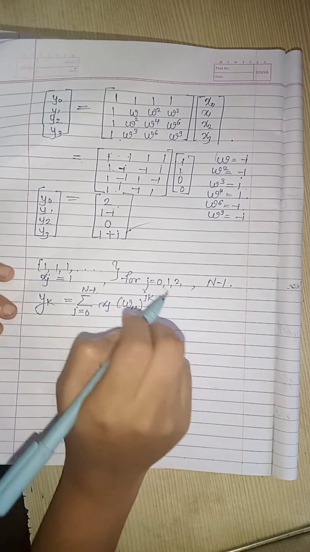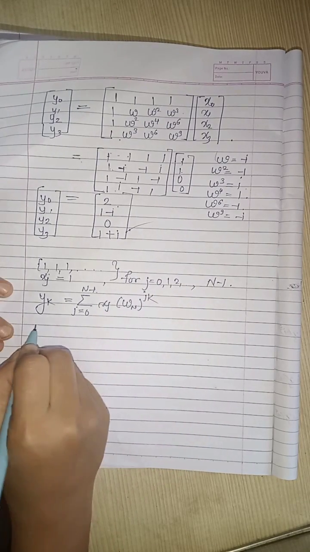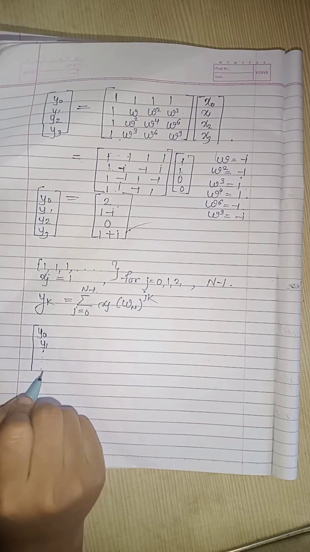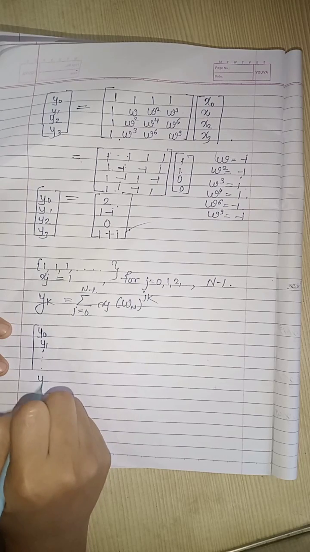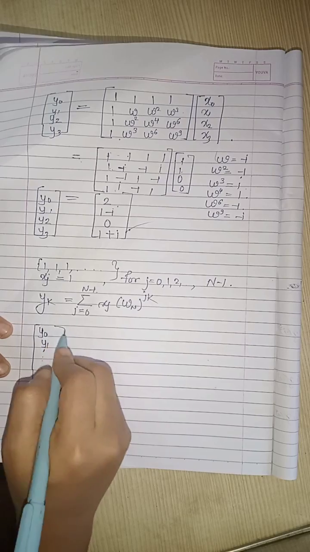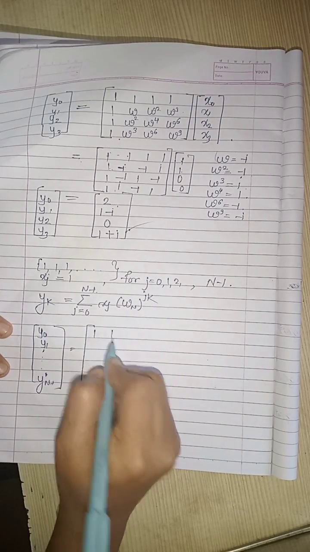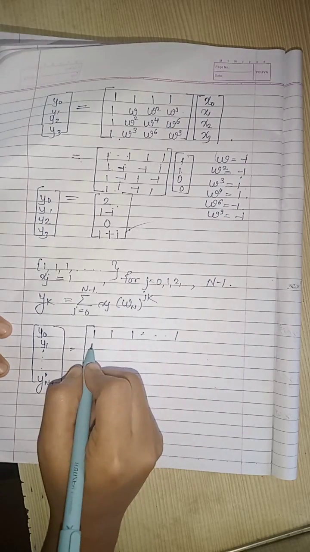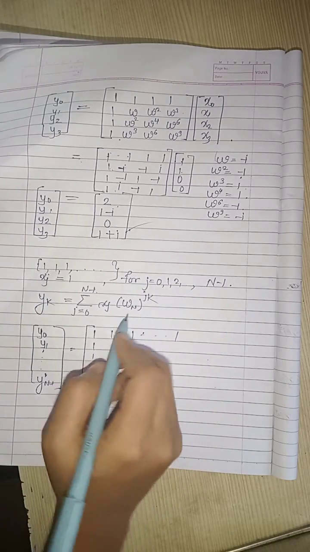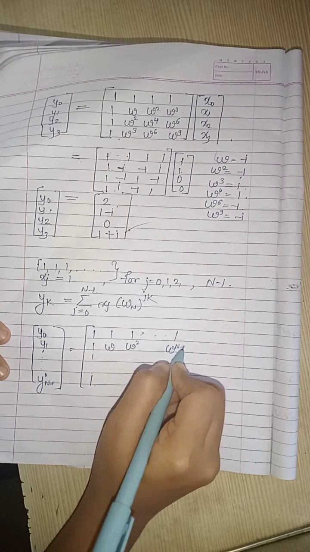Now we can directly solve it with a matrix, it's easy. So let's see how it goes. We need to find y0, y1, and we don't know up to which value, so we'll consider it as y n minus 1. So this will be equal to a matrix with first row 1 1 1 and so on, then the next row with omega square, omega raised to n minus 1.